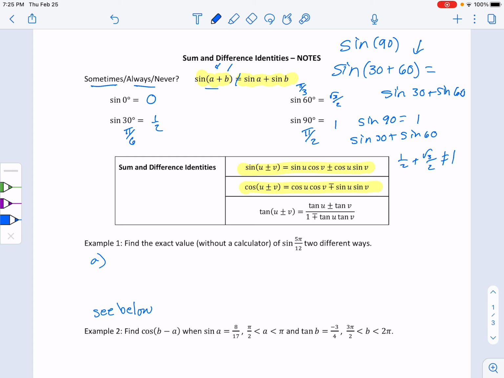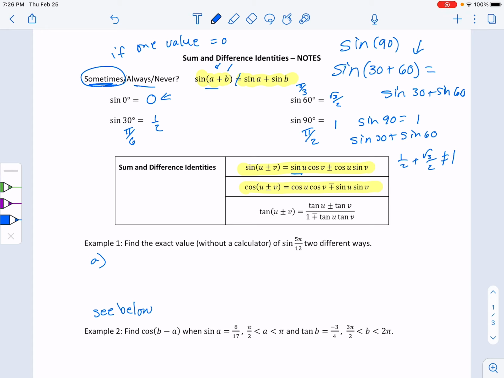So that's not a true statement. The only time this is going to be true is if one of your angles, the sine is 0, okay? So generally speaking, I say just no. Always use the formula.